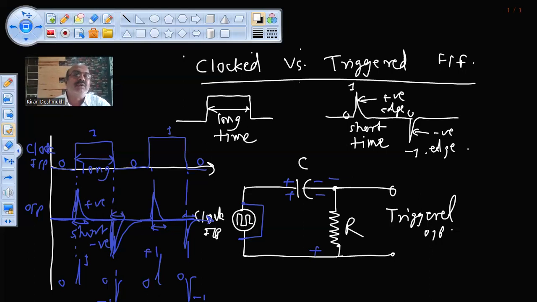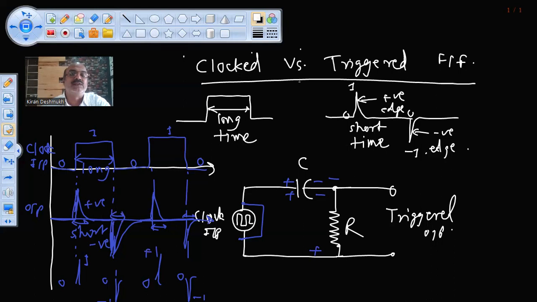What was the difference between clocked and triggered? In the case of a clock, it remained high for a long duration of time, and therefore the flip-flops were toggling very fast. Whereas in the case of a trigger, the trigger is of very short duration, and therefore the flip-flops are not able to toggle very fast.